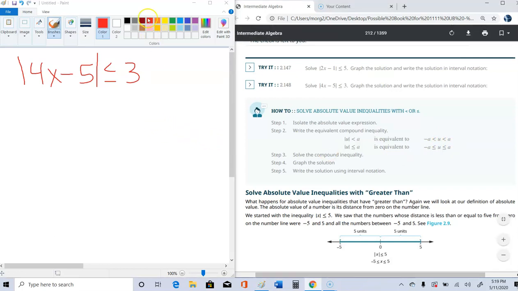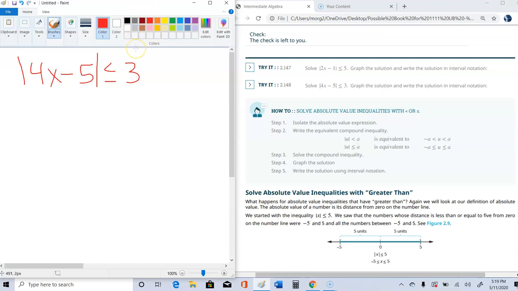So it'll be a three-part inequality. 4x minus 5 goes in the middle. And what goes on each end is negative 3 and positive 3.